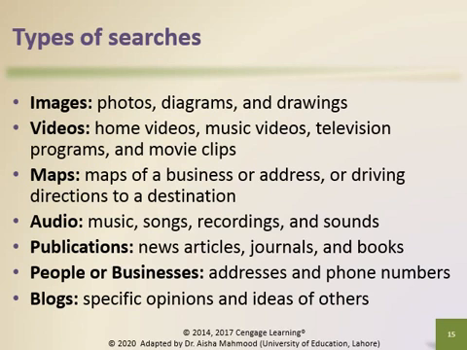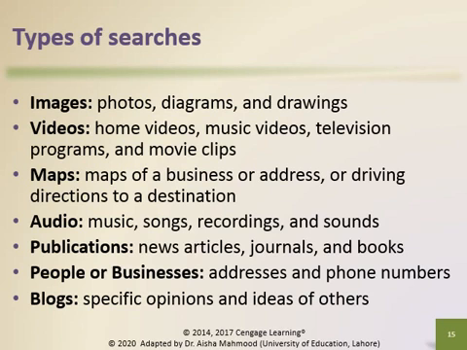Search engines typically allow you to search for one or more of the following items. Number one is images, like photos, diagrams, and drawings. You can also search for videos: home videos, music videos, television programs, and movie clips. You can search for maps, maps of a business or address or driving location or direction to a destination. You can search for audio, meaning music, songs, recordings, and sounds.